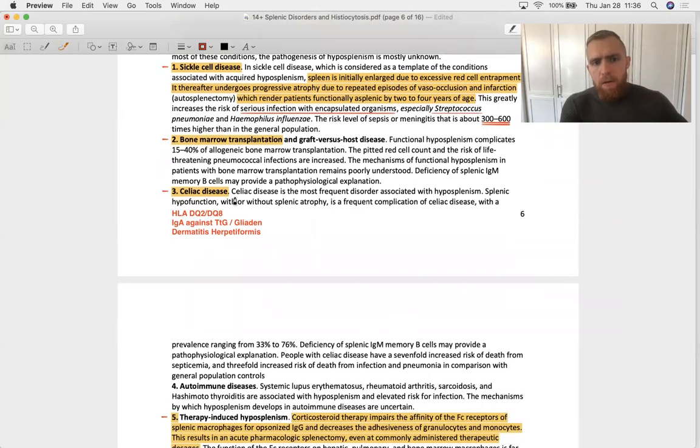Now, celiac disease is, quote, the most frequent disorder associated with hyposplenism. So keep your eyes open for celiac association on test questions. Remember, hallmarks of celiac disease, it's an enteropathy, you get malabsorption, so it presents as steatorrhea.